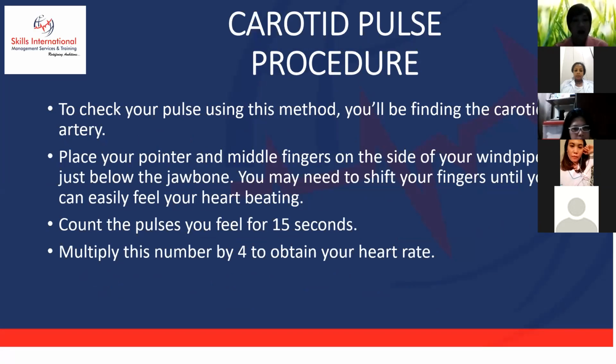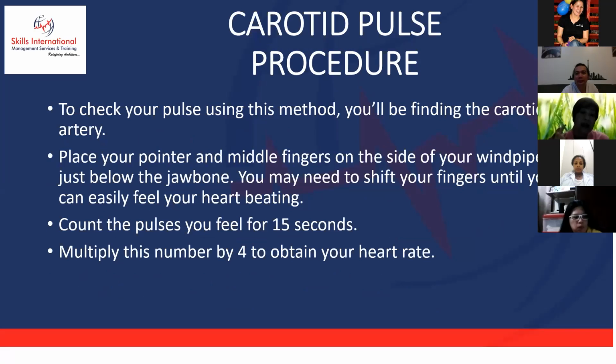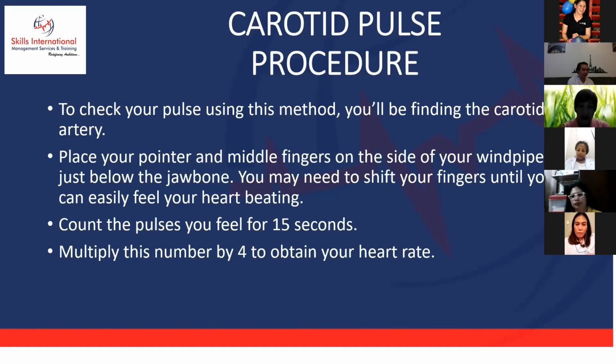Carotid pulse, we are not checking how many in the carotid pulse, but in such situation that the patient is too critical, so we are checking the carotid pulse because this is the only one that has the strong pulse rate that you can take when someone is about to die or when someone has a heart problem.